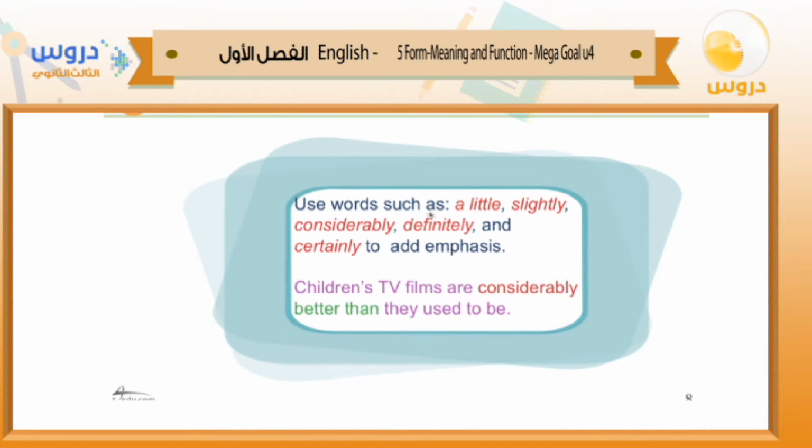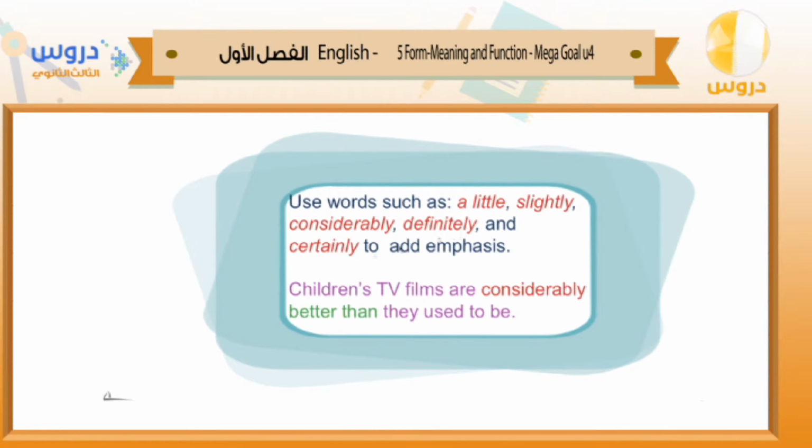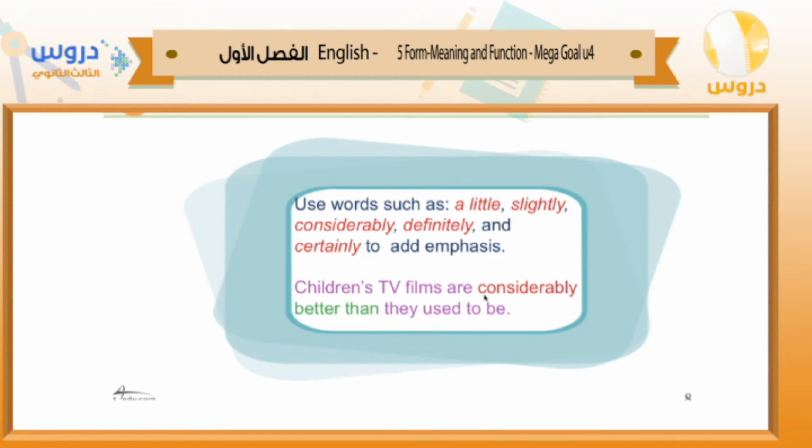Use words such as a little, slightly, considerably, definitely, and certainly to add emphasis. For example, children's TV films are better than they used to be. If you want to add emphasis on the meaning of the sentence, we can add considerably.